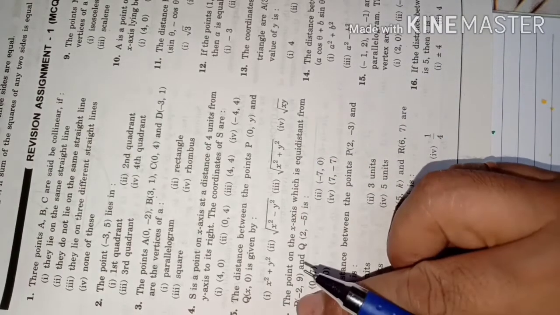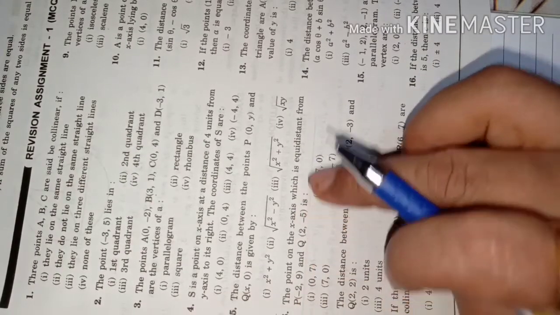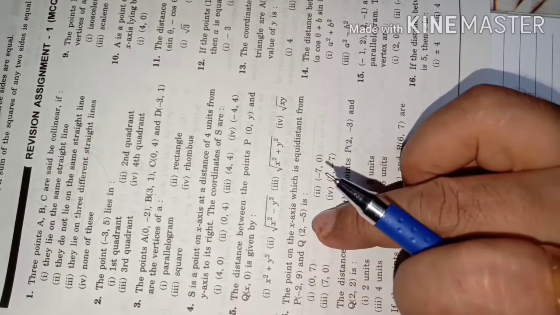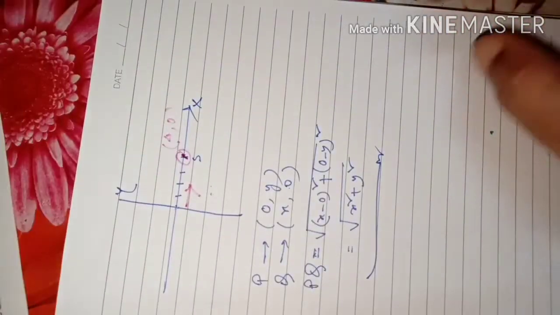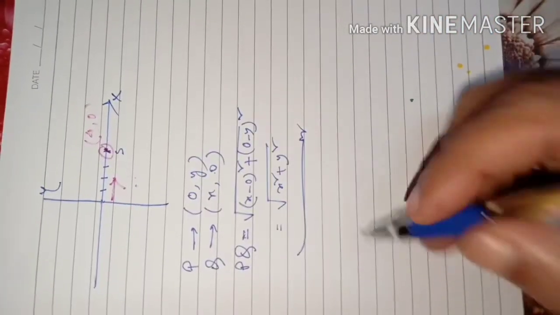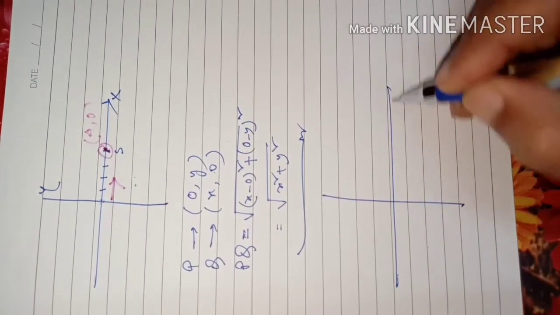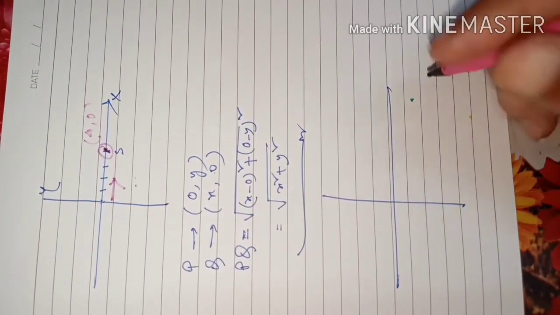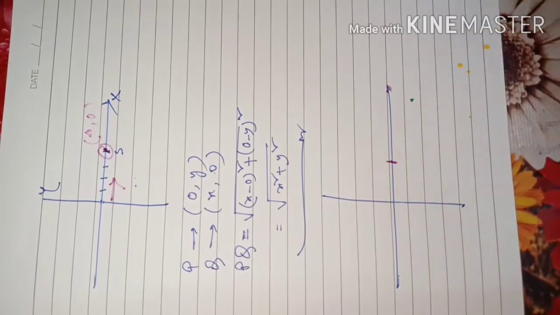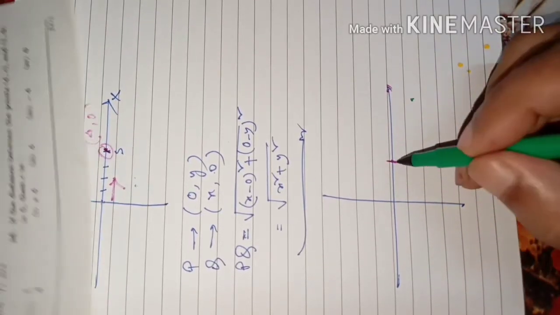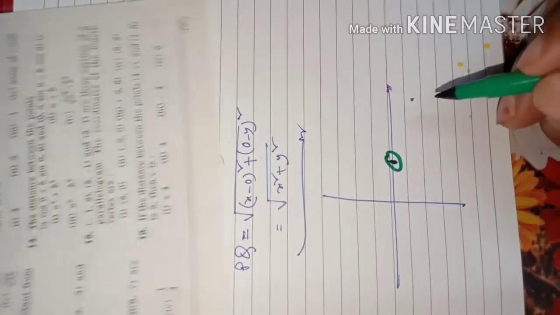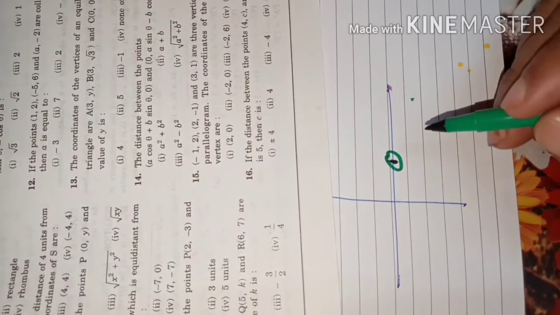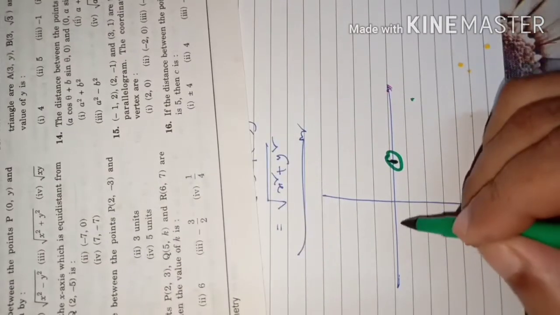Now question number 6. The point on the x-axis which is equidistant from these 2 points. Point on the x-axis. Again, just think about x-axis, y-axis. This is y-axis, this is x-axis. So here is the point on the x-axis, which is equidistant from minus 2, 9 and 2, minus 5.